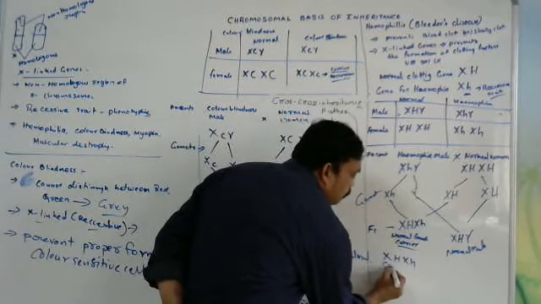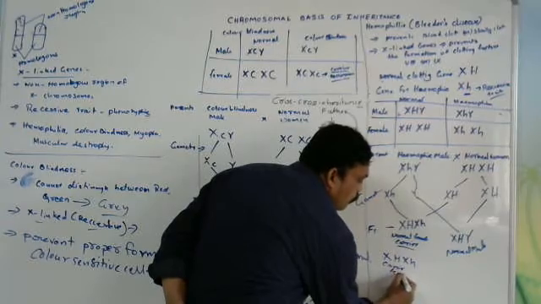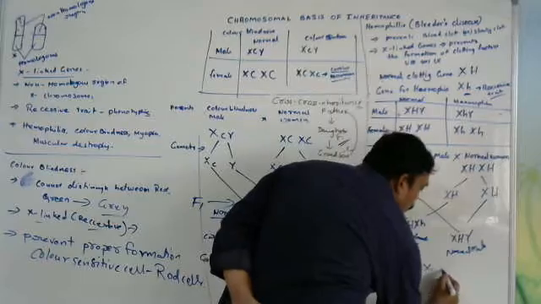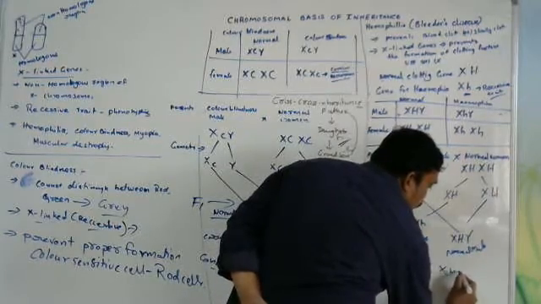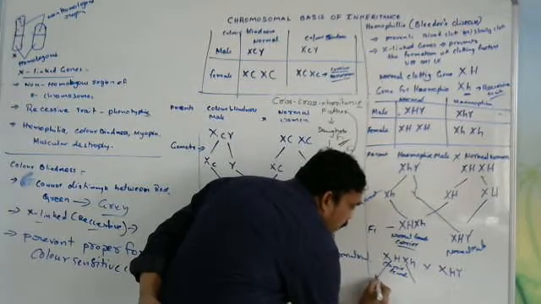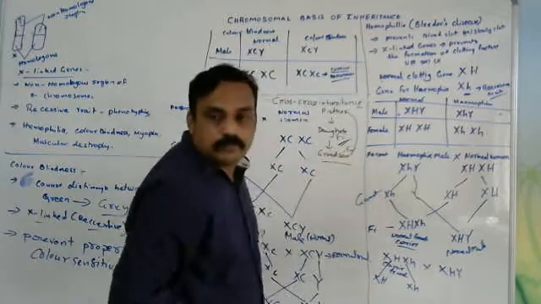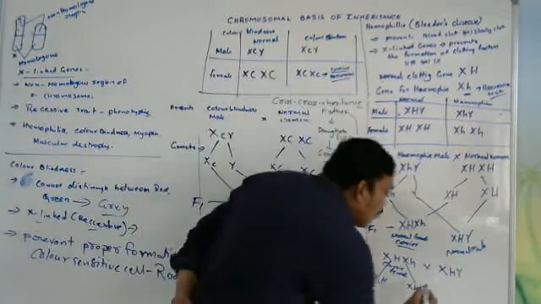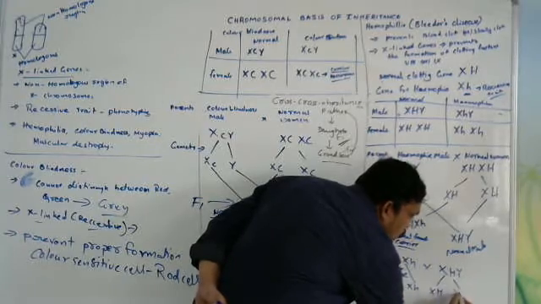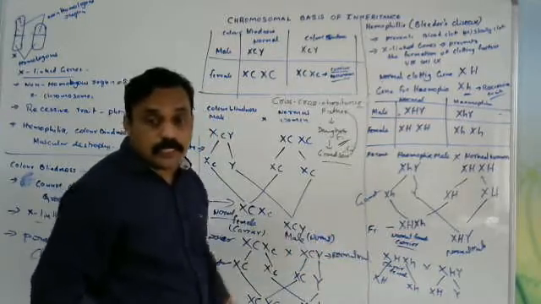She is a carrier female. She married a normal person, X H Y. Now we have to see the gamete formation: X H and X small h, and here X H and Y only. Whatever we discussed before, the same thing happens here.